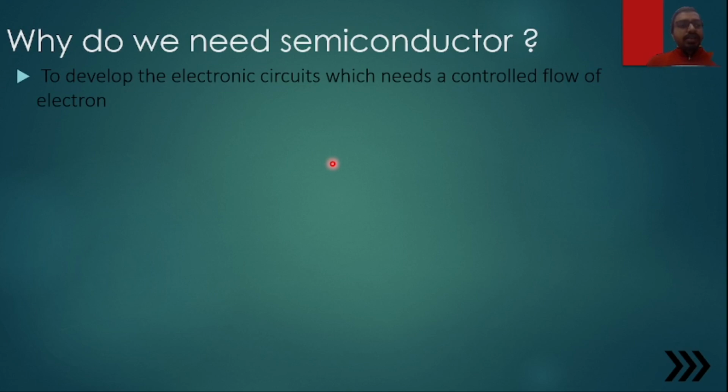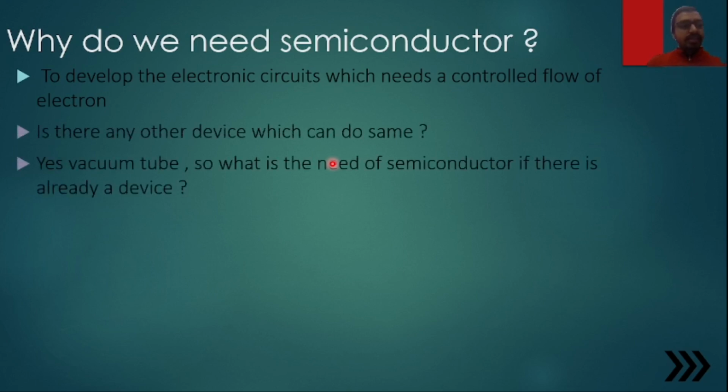So these semiconductors provide controlled flow of electrons, and that's why we use these semiconductor materials in them. Your question should be, sir, is there any other device which also provides controlled flow of electrons? My answer is yes, there is a device, vacuum tube is its name.